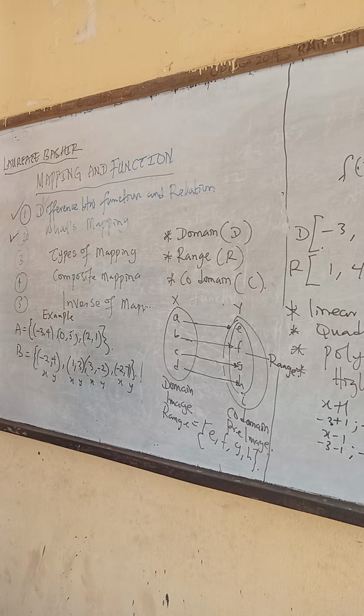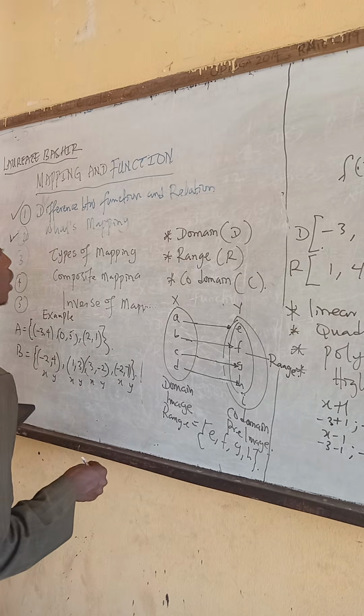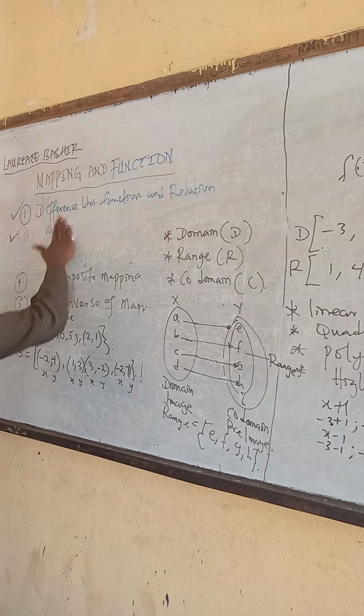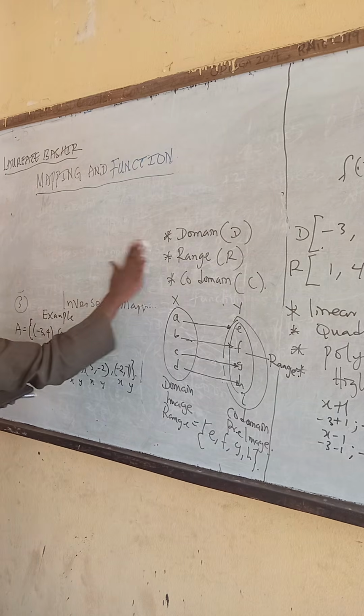So let me give one or two examples here. Let's look at this question under domain, codomain, and range, so that you understand better what we mean.